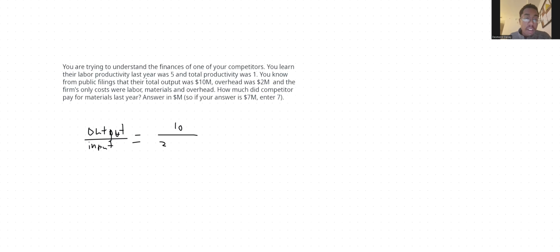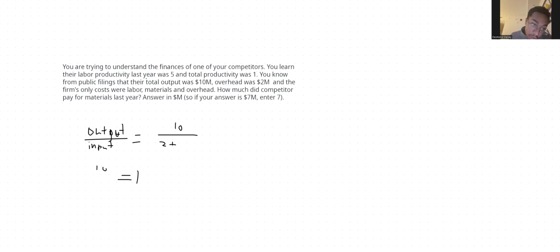Now, the first thing we have to do is solve for how much is labor. And we were told that labor productivity, which is just output over labor, was 5. So it was 10 million over x.